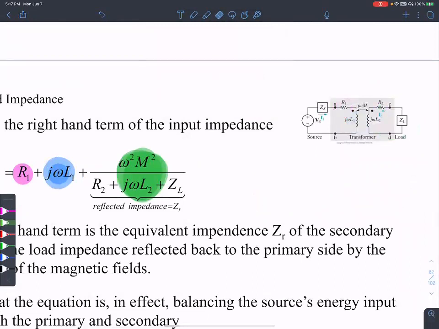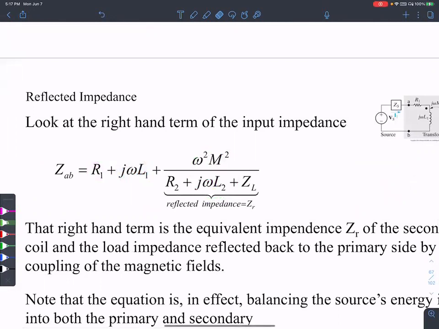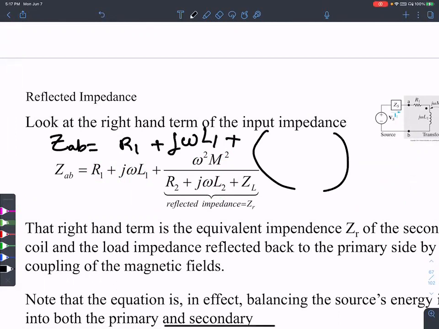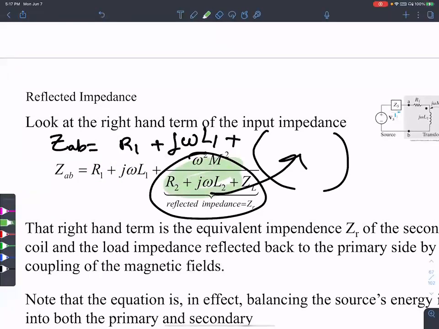Let's pay attention to the result here. ZAB equals R1 plus j omega L1 plus some more terms. That's this term. Let me color code it carefully. That term shows up here.